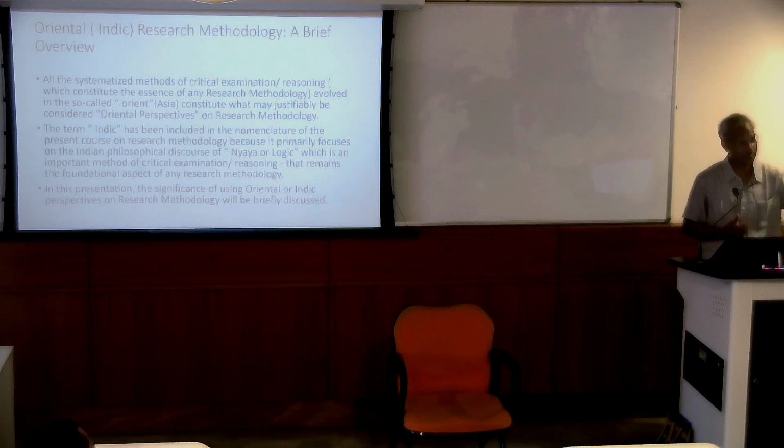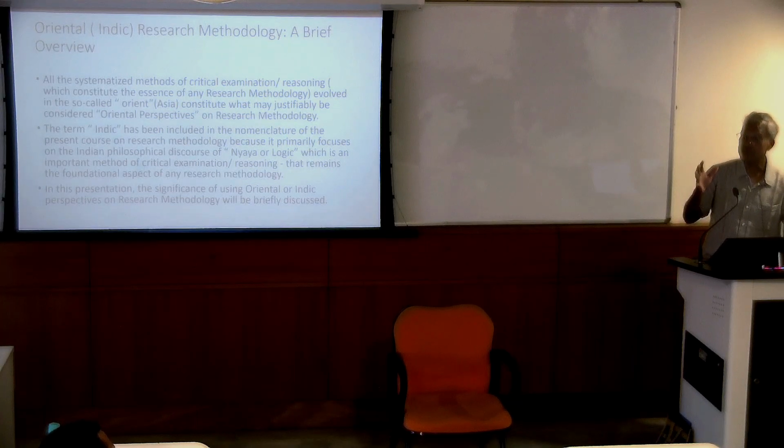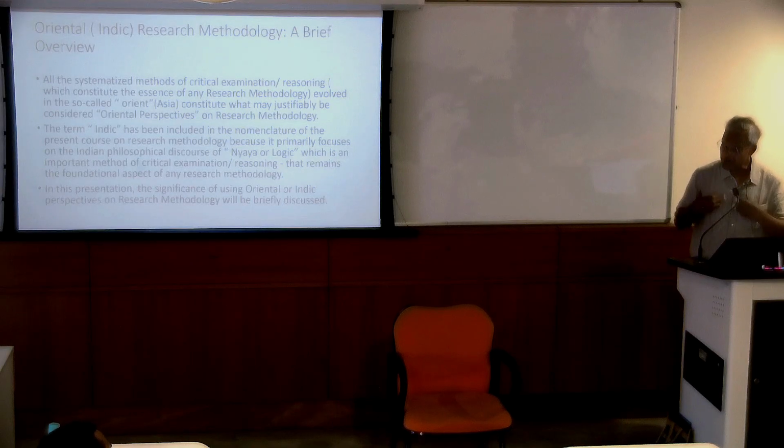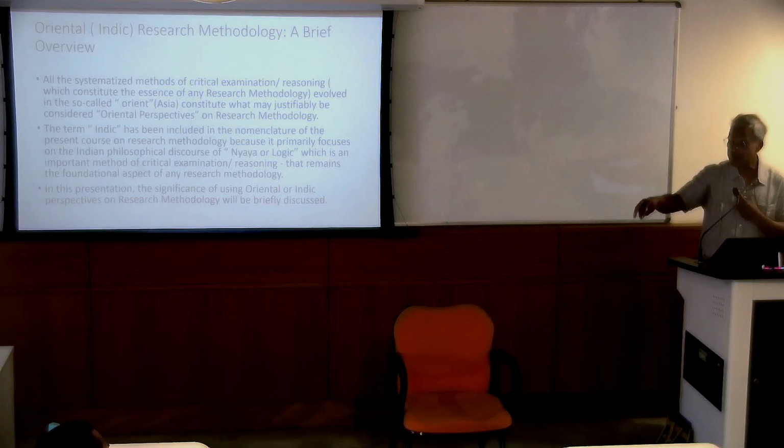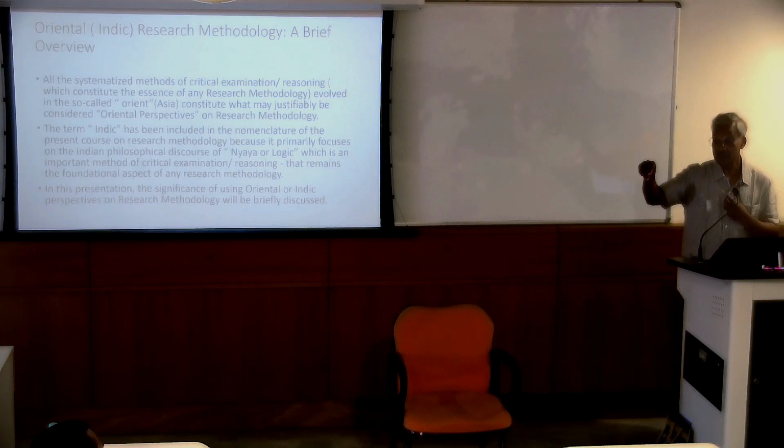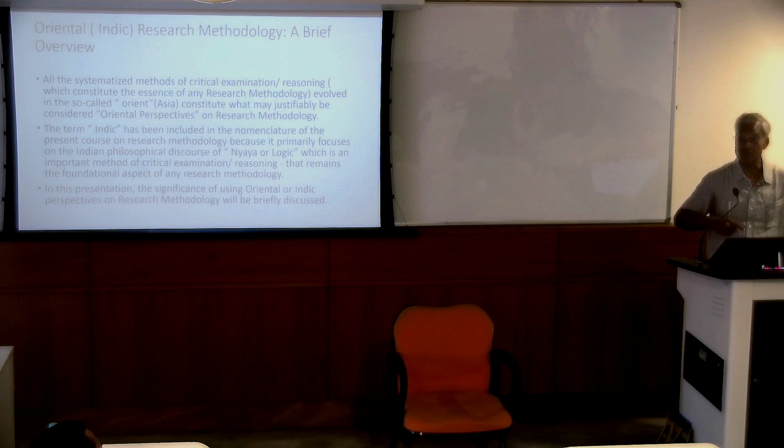Tamasic means a kind of knowledge which is not pursued through the proper discipline, but is acquired for domination, for violence, for subjugation, for doing evil or ill to others.